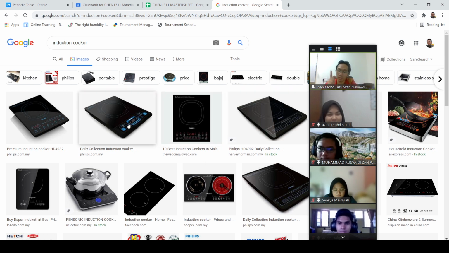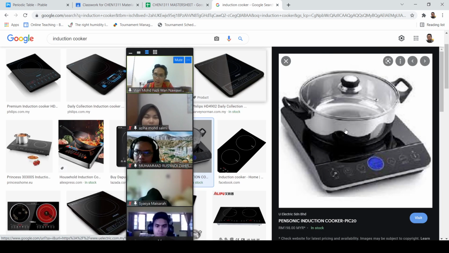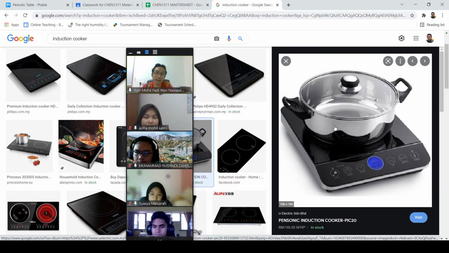In order for this to work, you need to use something that is magnetic. For example, this stainless steel, like you can see here, Panasonic, right? This looks like stainless steel, and yes, it's stainless steel, but remember, stainless steel can be magnetic, it can be non-magnetic. In this case, you need to find the stainless steel that is magnetic.